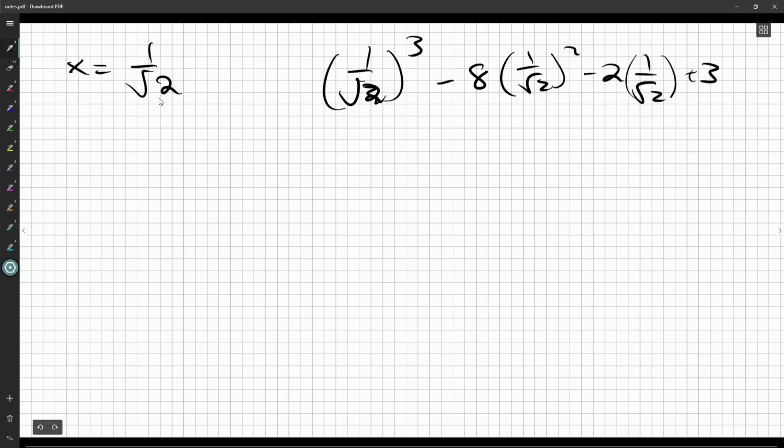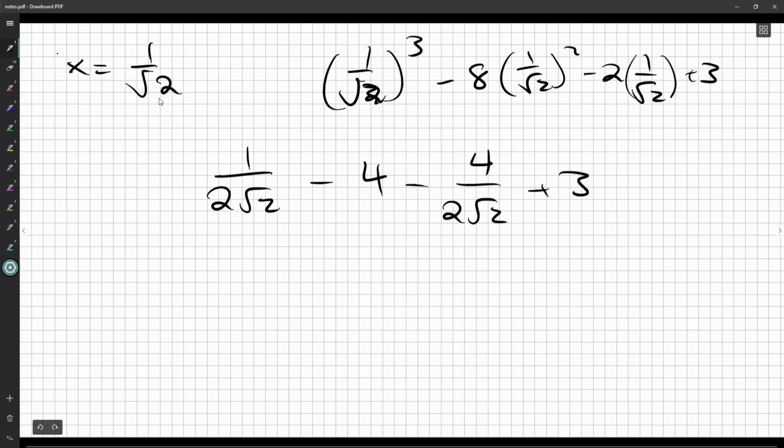So we'll get 1 over 2 root 2 minus 4, or sorry, minus 4 over 2 root 2 plus 3, and so this will be minus 1 minus 3 over 2 root 2, definitely on the negative side.